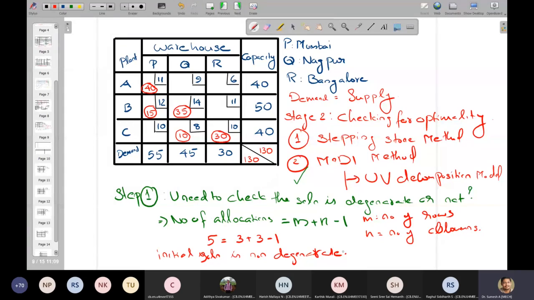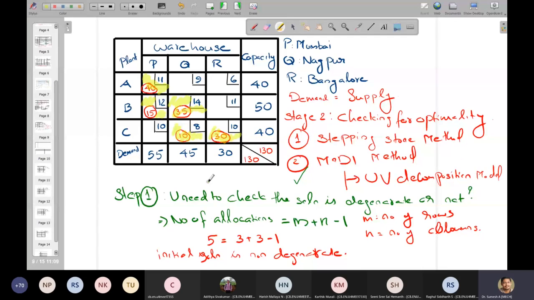Now the next thing: in this table, you can see there are some allocated cells and some non-allocated cells. For example, this particular cell has allocation, this one has allocation, this has allocation, and this is also having allocation.